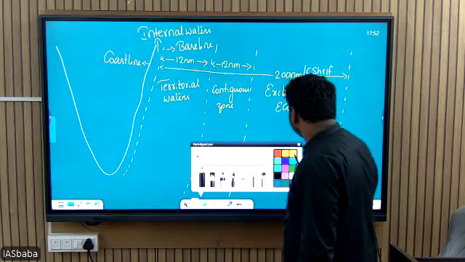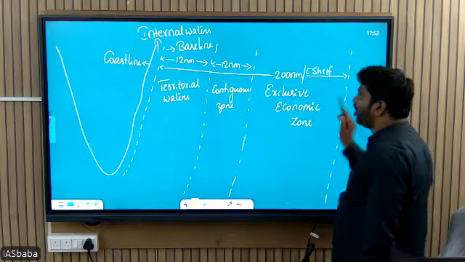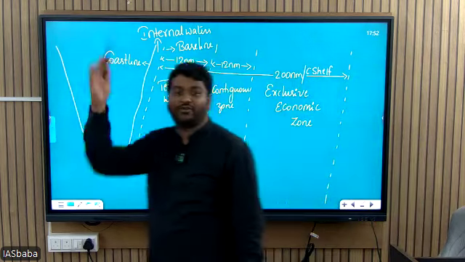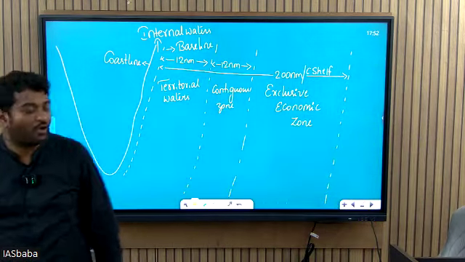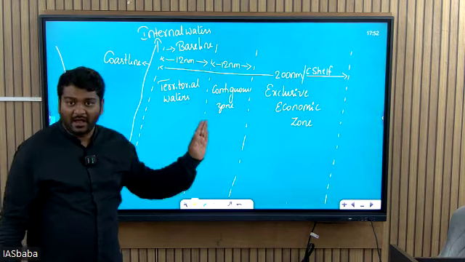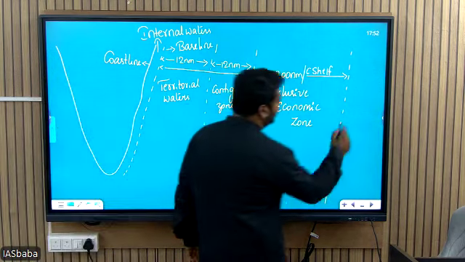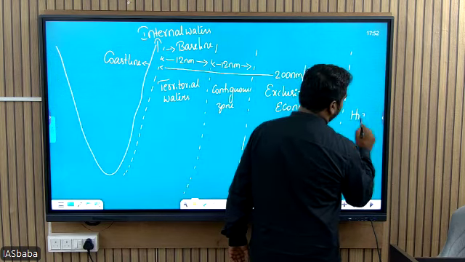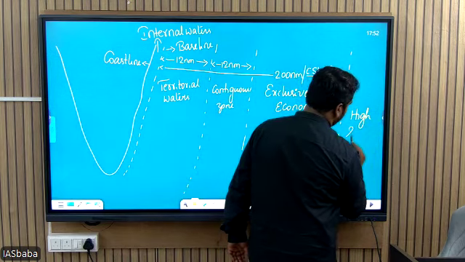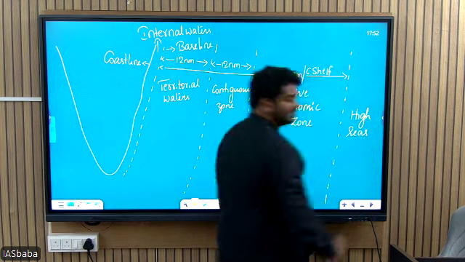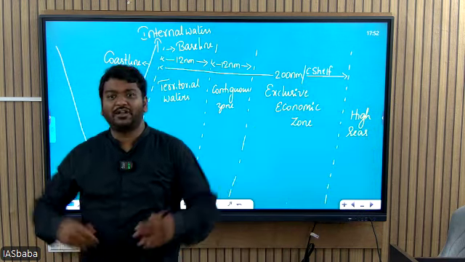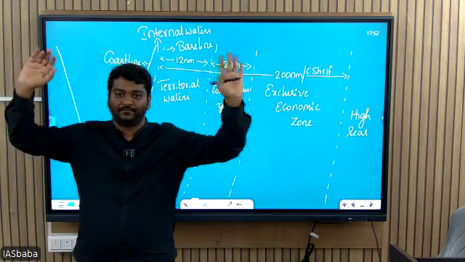Now the point is, who will take care of the area beyond 200 nautical miles? Everyone called it high seas. So everyone said high seas belong to everyone.